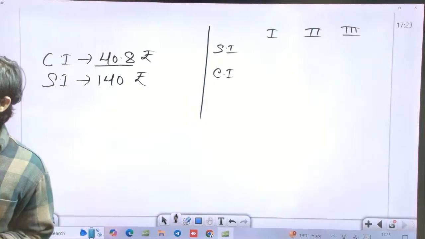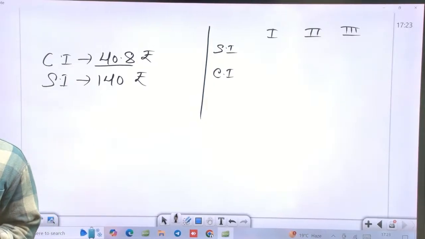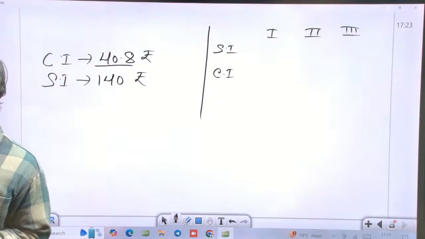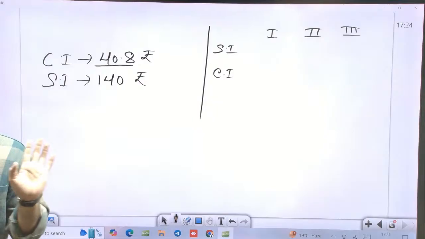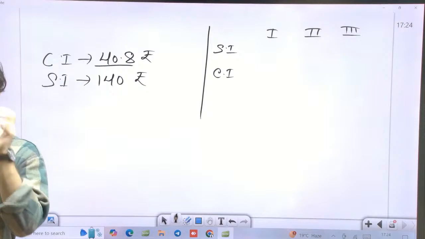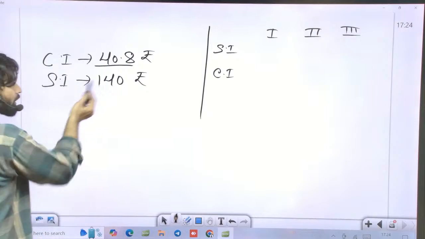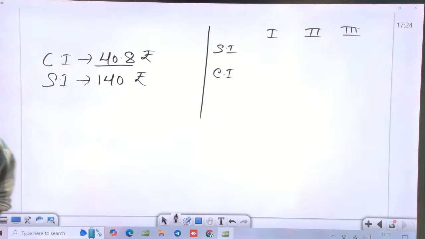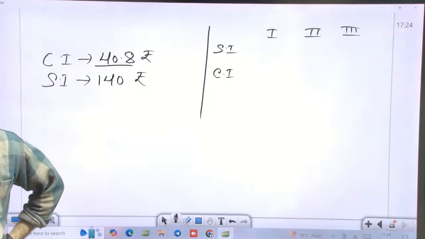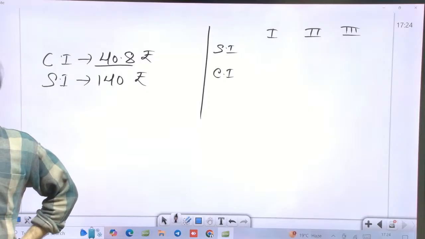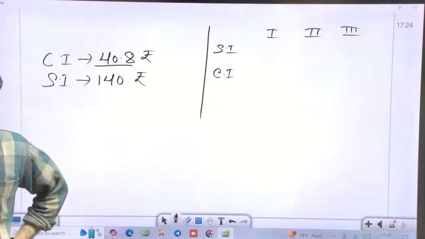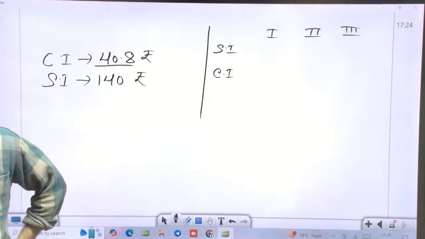At a certain rate, SI will be charged equally each year. In 7 years we are getting 140 rupees, so we can find it for 1 year by dividing by 7.